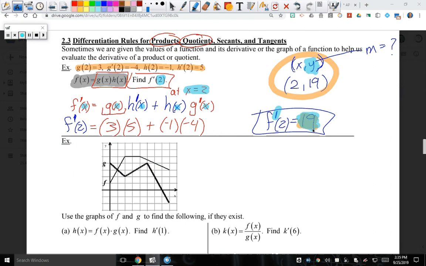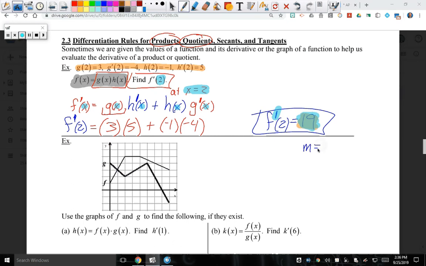So maybe I should do it this way. I didn't mean to confuse you if I did. Let me clean this up. Do you agree that the m is 19 at x is equal to 2? Okay. So if I wrote it as a point, position-wise, and I'll only do this, so I mistakenly did that, okay? Let's write it as a point position-wise.